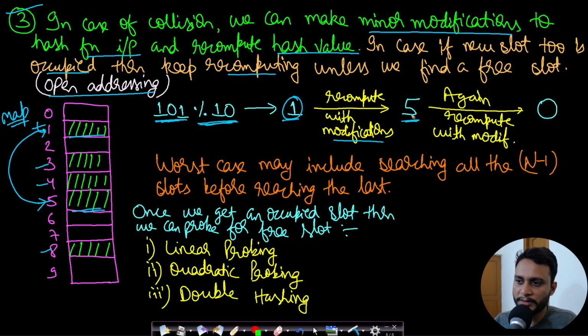So now we will again repeat the process. We will again recompute with some modifications, and let's say after recomputation we get a new hash value which is 0. So from this index 5 we will move to index 0. So index 0 is not occupied, and so 101 will be inserted at this key 0, right? So this is the concept.